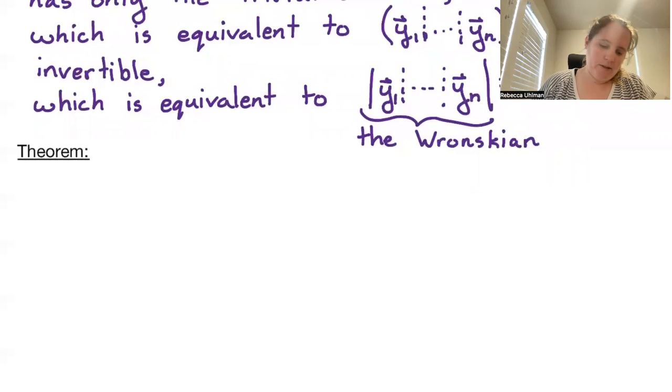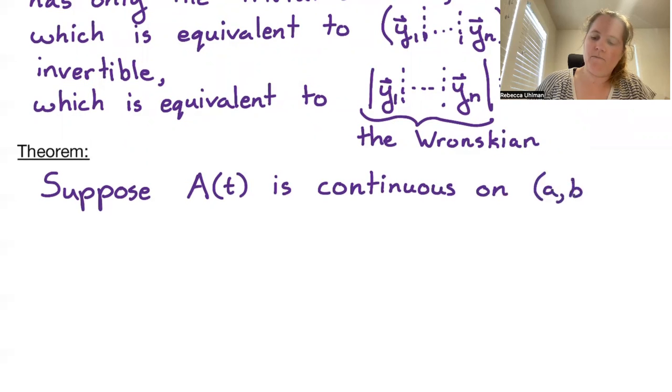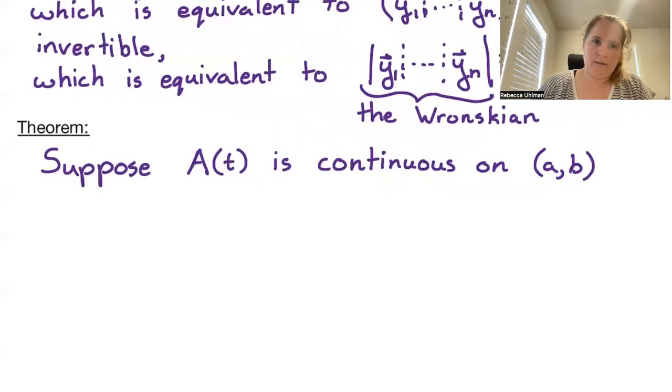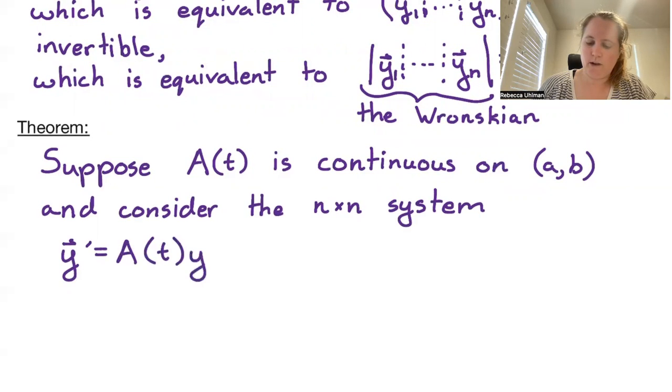So we have a theorem, which is that let's suppose that the matrix function A of t is continuous on the open interval (a, b), and consider the n by n system y prime is equal to A of t times y.